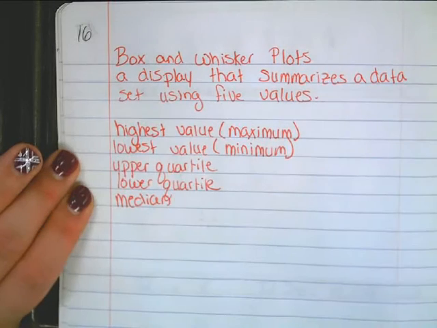So those are the 5 things that you have to have when you make a box and whisker plot.